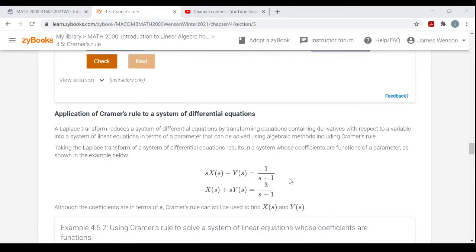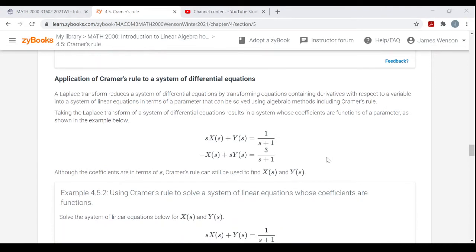All right, now the final part of this section is still using Cramer's rule, but now instead of the solution to a system being a bunch of numbers, being constants, the solution will be functions. If you've taken linear differential equations, or you're about to, something you're going to learn about are things called Laplace transforms.